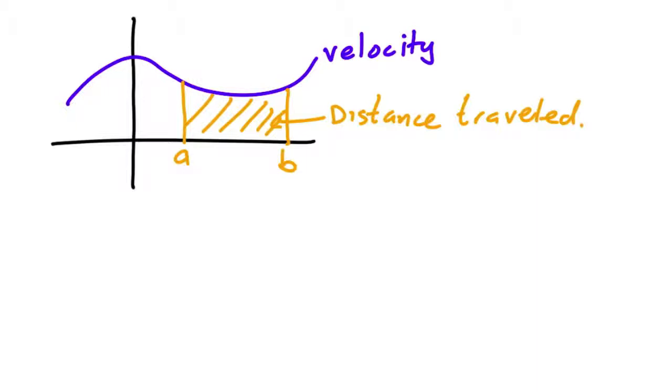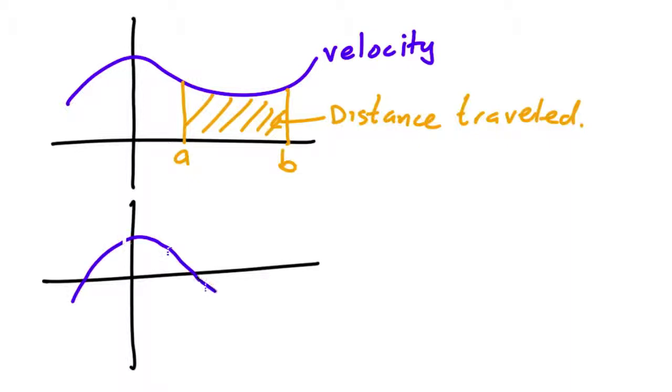Let me draw another picture. Let's say we're looking at the same velocity deal. And let's say we're starting at this point A, and let's say this is B. Now, if this represents velocity, and then down here, of course, that would be time.